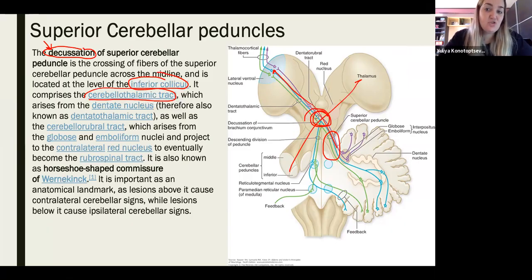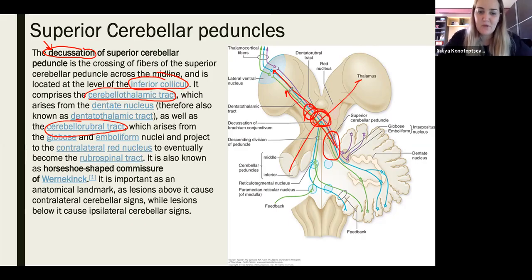But there is an additional tract that can also be there, and it is called the cerebellorubral tract. Because the cerebellothalamic tract is going to the thalamus, but the cerebellorubral is going to the red nucleus. So there are two tracts passing through the cerebellar peduncle.